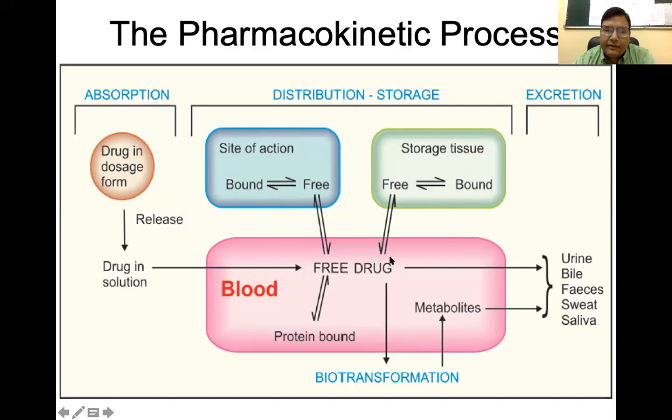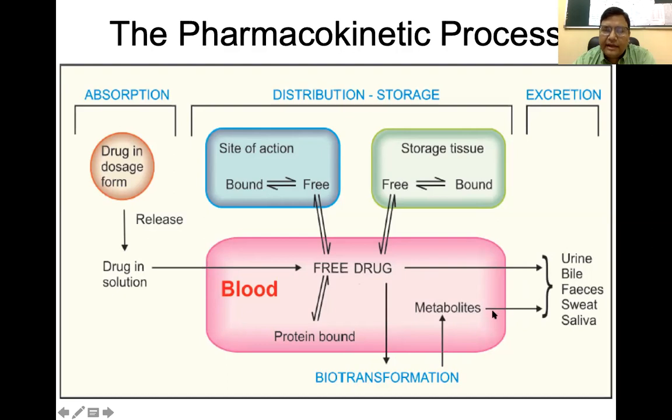Then through the systemic circulation, the drug gets transported to various organs such as the liver and kidney. There the majority of the drug gets biotransformed, and metabolites are formed, and they are excreted out, or the free drug is excreted through the kidney or the intestine.